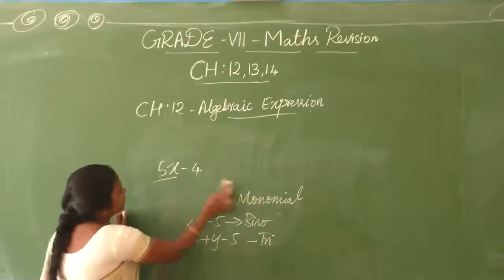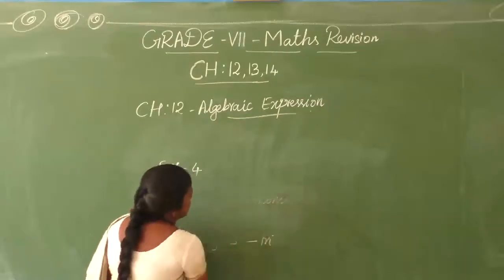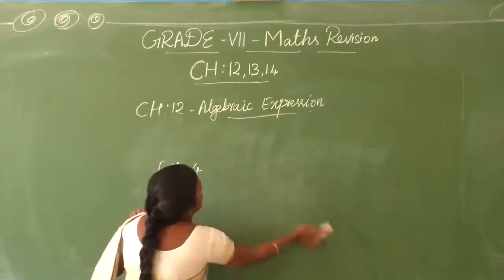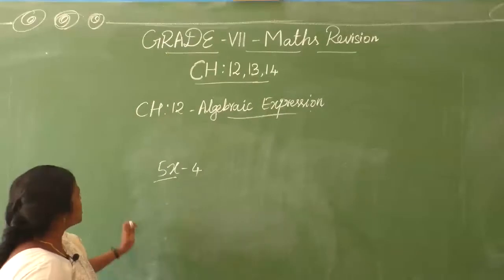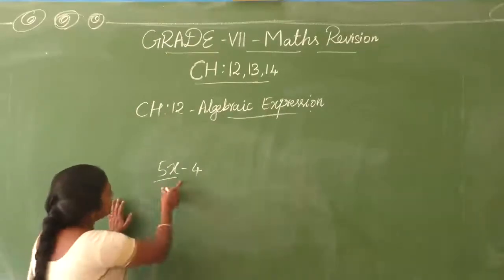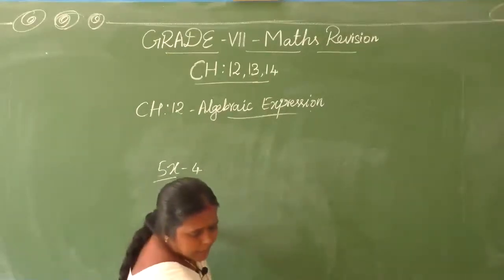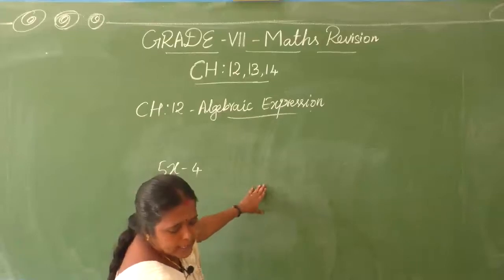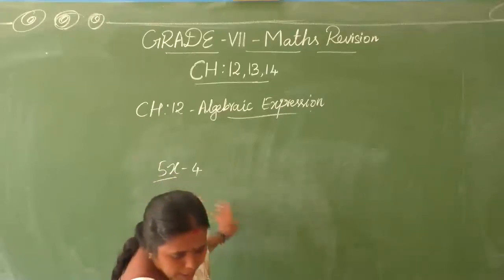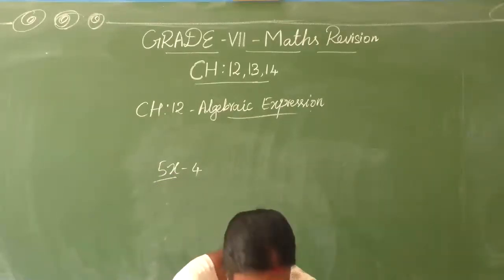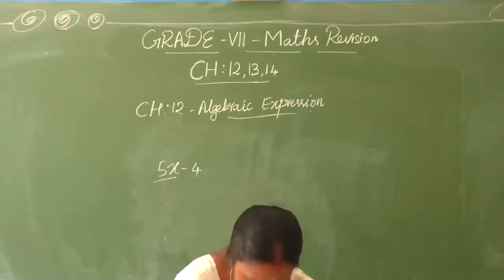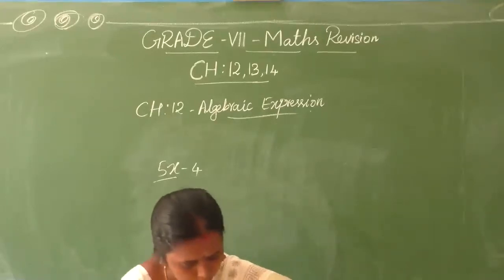Understood? After that, what did you see related algebraically in this topic? See, expression to statement, statement to expression, then addition, subtraction, like terms, unlike terms, all that you have seen in 12.1. Yes or no?